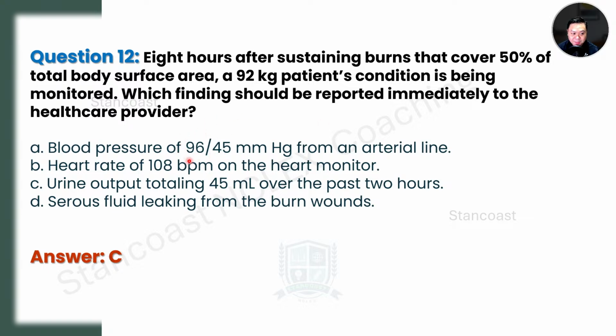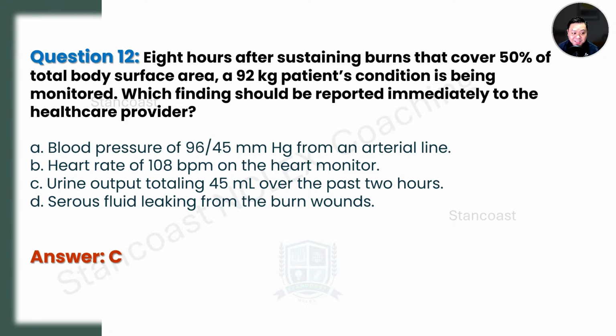Our patient's blood pressure is 96 over 45. If you selected letter B, heart rate of 108 beats per minute, it's not concerning, and this is common to the body's stress response.